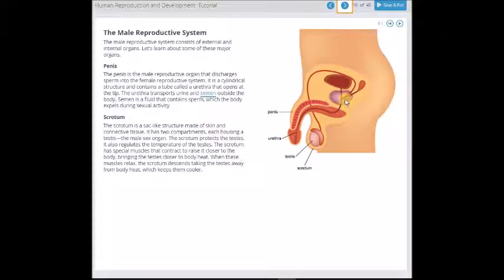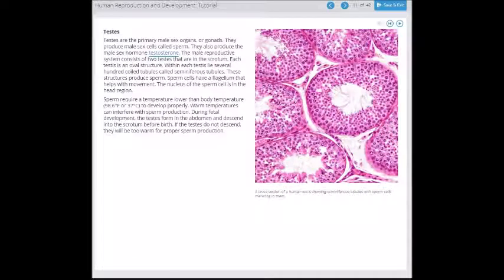Yeah, it's called the epididymis, and then it is designed to be injected into a female reproductive anatomy, which I think is next. Let's go there. Maybe not. Oh no, we're going to talk more about testes.